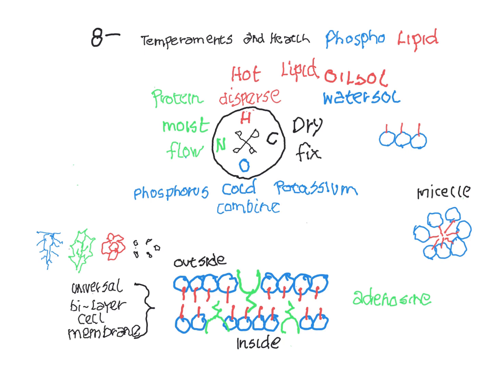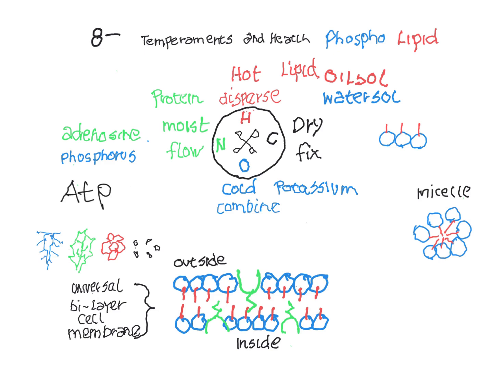Adenosine is a protein structure, we'll put it up here with the proteins, that has a very special relationship to phosphorus because it creates a substance known as adenosine triphosphate, known to the world as ATP. ATP is the energy component within cells, having to do with how life is continued, how cells metabolize, how they live, how they grow, how they die, and how fluids move through the body.